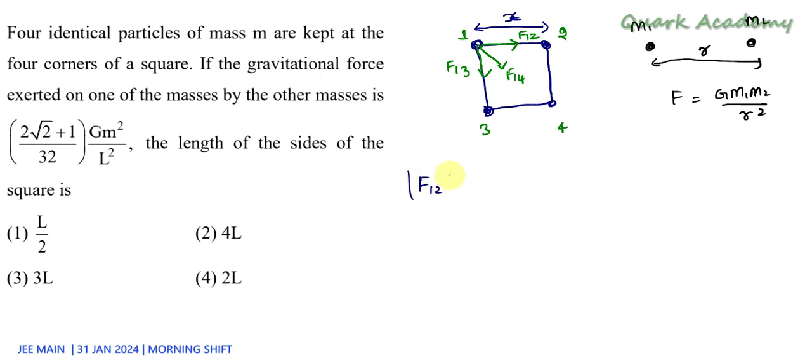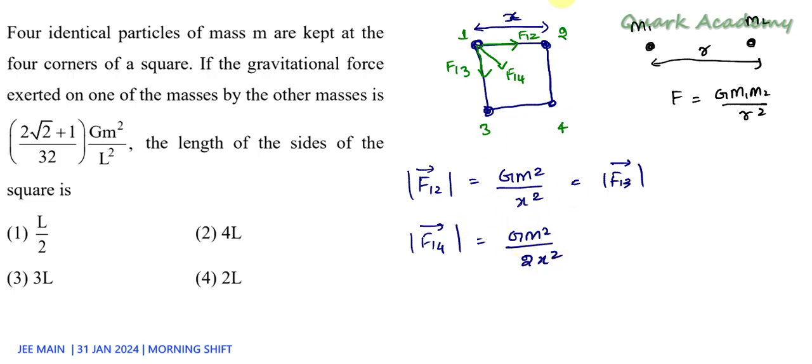Now we'll write the magnitudes of these forces. F12 magnitude is equal to G m1 m2, since both are the same, Gm squared by x squared, and this is equal to the magnitude of F13. Now for F14, it is equal to Gm squared by 2x squared.